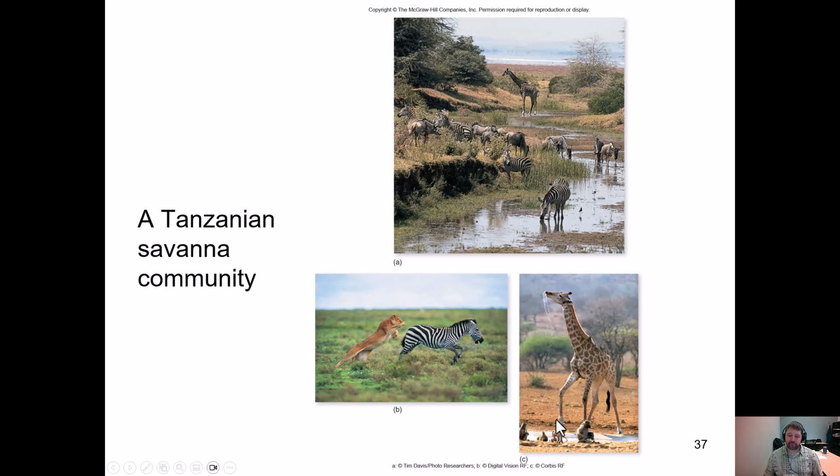The giraffe is benefiting from the primates being at the watering hole, because of what is called the many eyes hypothesis. The primates will be looking around for predators. The giraffe is looking around for predators. And the more eyes you have on the landscape for predators, the better you will be at avoiding predators.